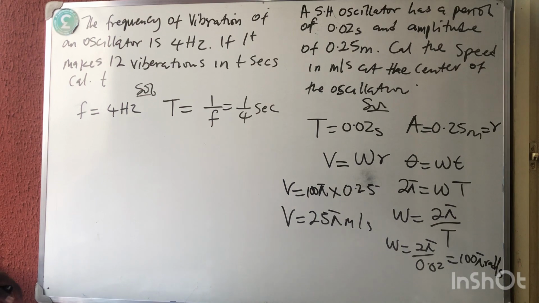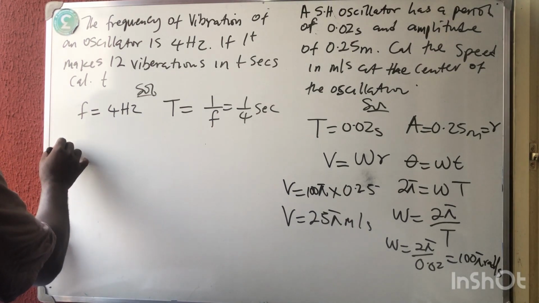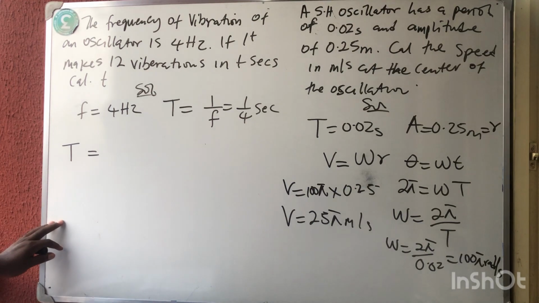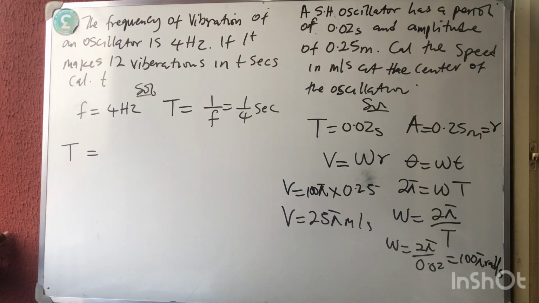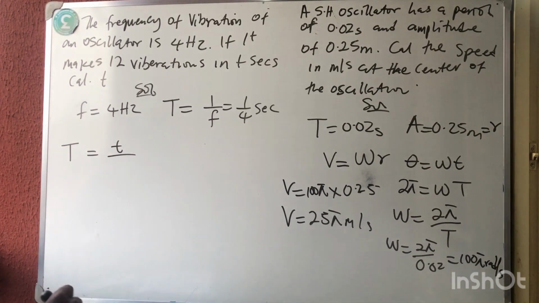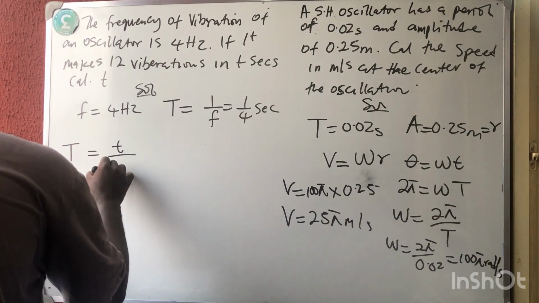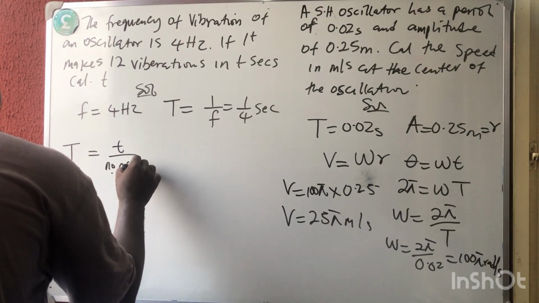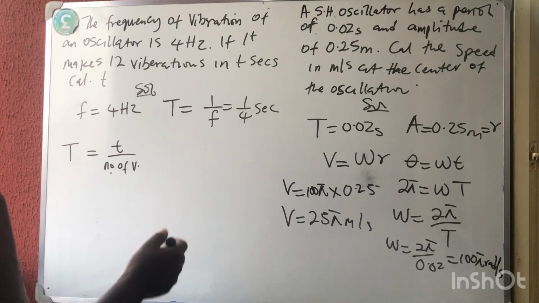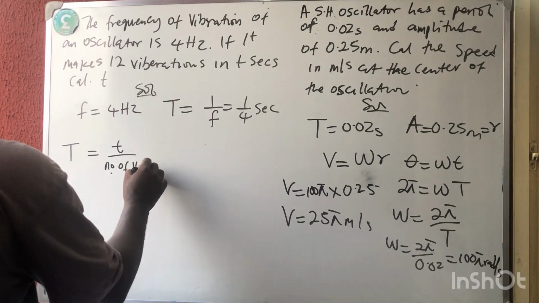There is something that we know. We know that our normal T is equal to the small t all over the number of vibration. Don't forget, our small t all over the number of vibration or the number of cycle. Sometimes we call it number of cycle or number of vibration.